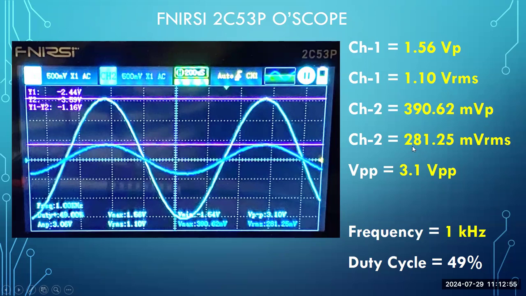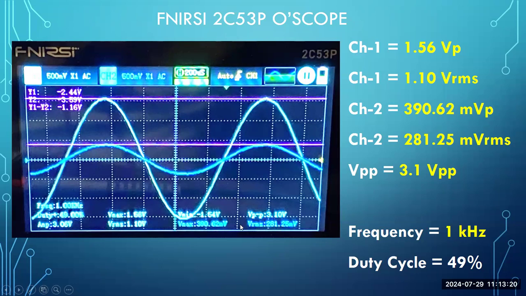And then the RMS, we don't have to convert because RMS is one of those values that is selectable in your menu. You can see I've got an RMS value right here of channel 2 of 281.25 millivolts RMS, and I've got my channel 2 peak output at 390.62 millivolts.